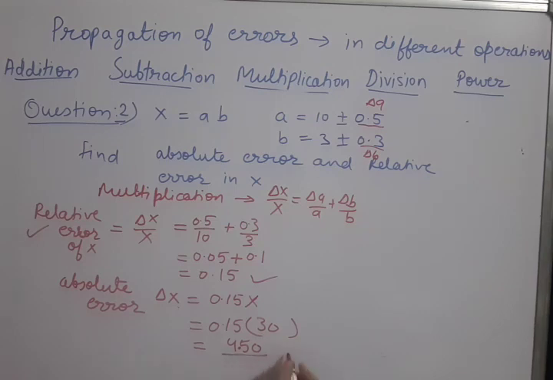So the answer is 4.5. This is the second answer. This way we solve the multiplication theory and multiplication type of numericals.